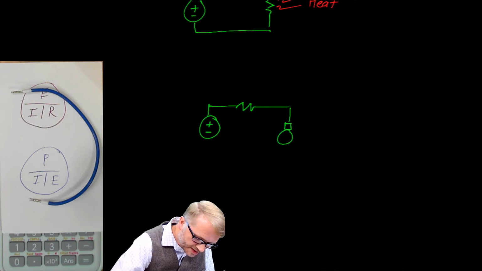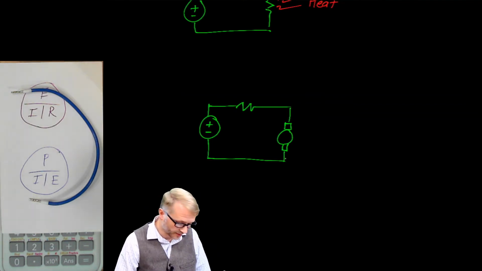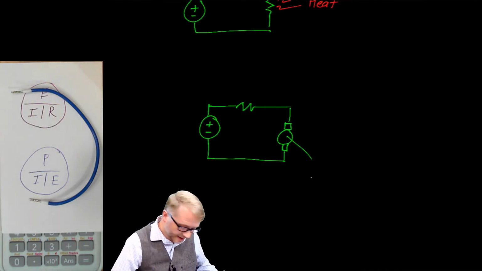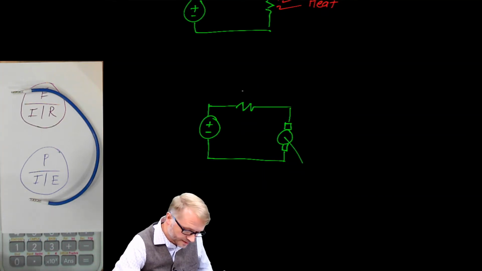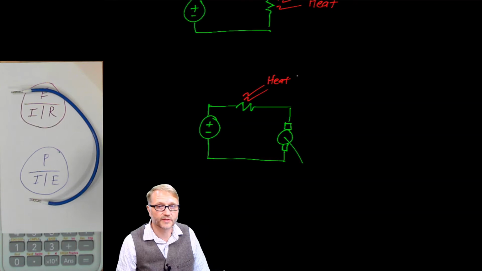We have resistors from the wires connecting the motor. We also have the resistance of the wires inside of the motor. And those wires get hot. There's no avoiding it. There's going to be power lost in the form of heat from this system.